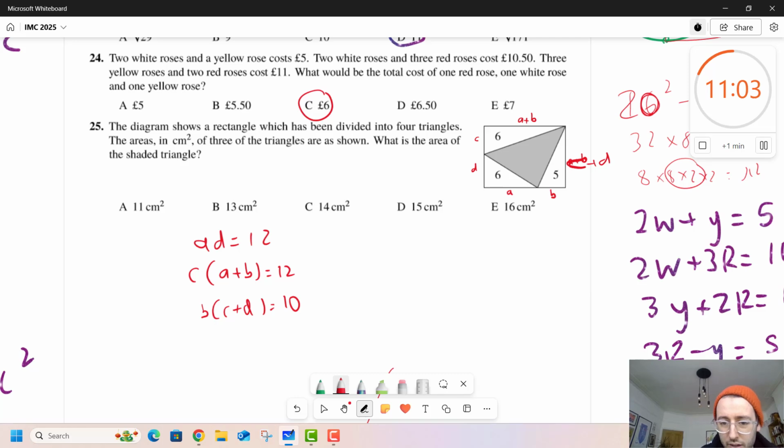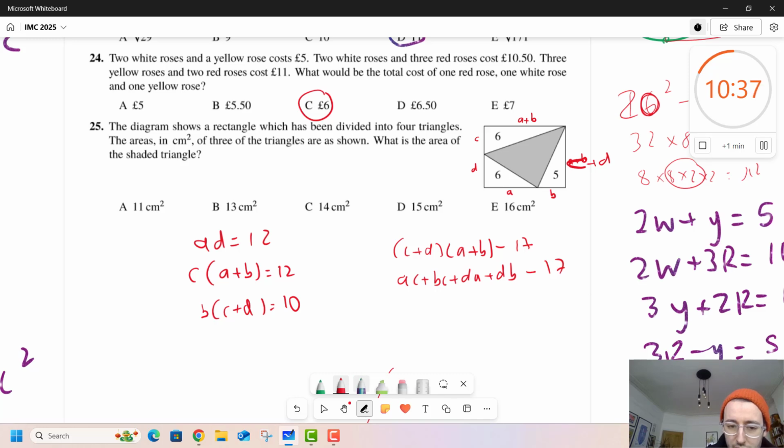And we're looking for C plus D times A plus B minus 17. So we're looking for AC plus BC plus DA plus DB. Now we're taking away 17. So we need all these. So already we know AD is 12.